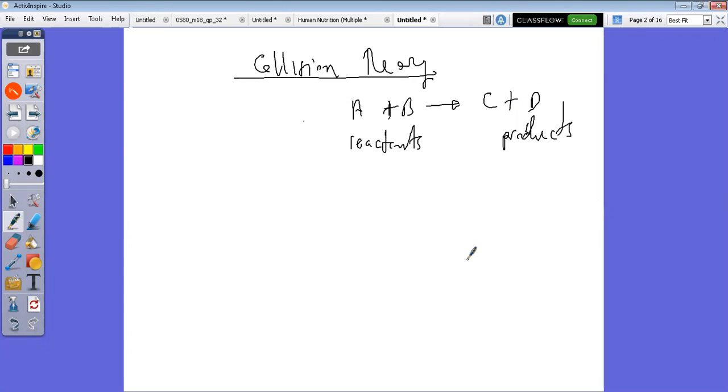Are we together? Now, maybe for some of you, if you have never done this in school, you simply think when A and B collide, then something is formed. But that's not true.